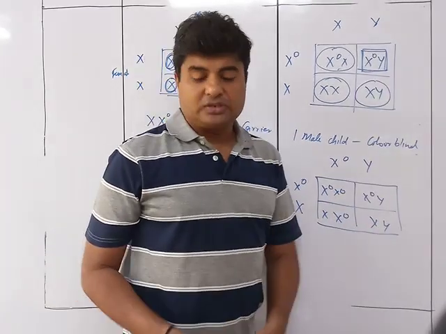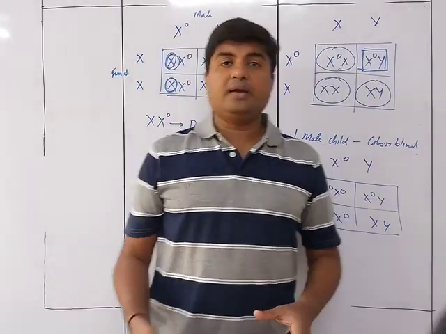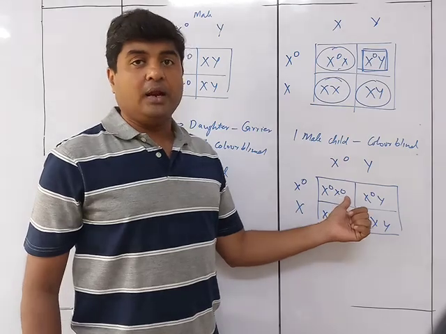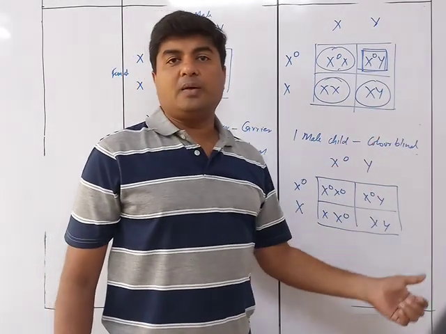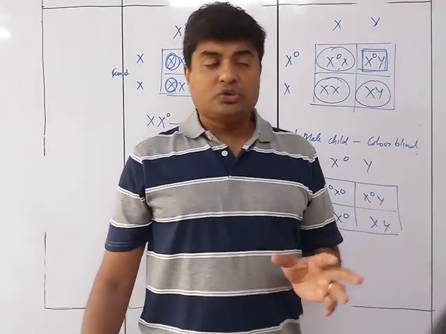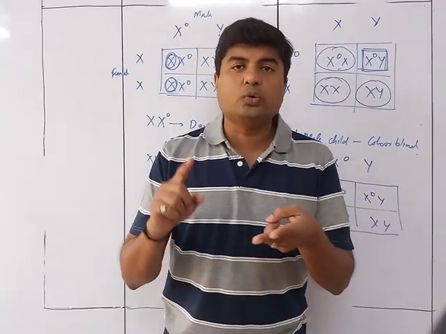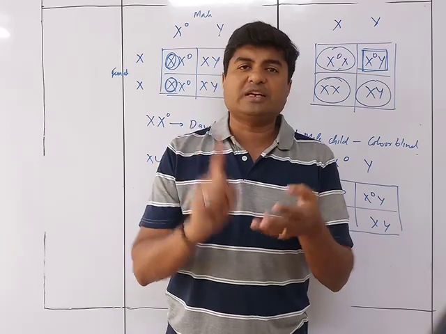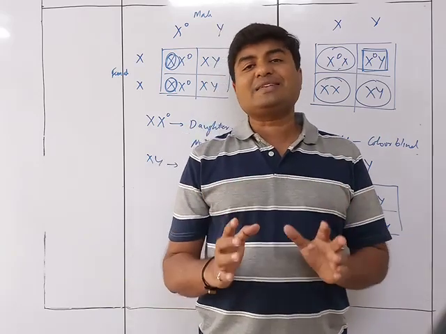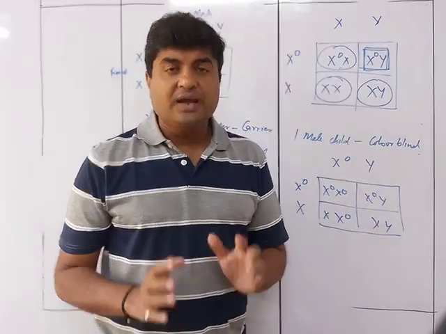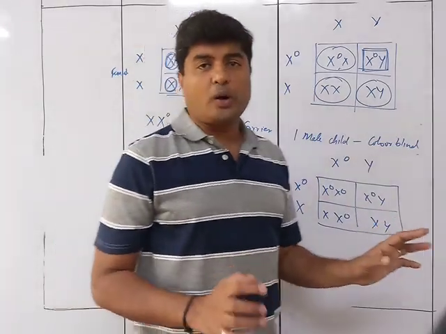So the chance of the female being colorblind is very, very rare, but the chance of the male being colorblind is quite high. This same thing, not only colorblindness, could also apply to hemophilia or sickle cell anemia. All the X-linked inheritance can have this kind of a problem.